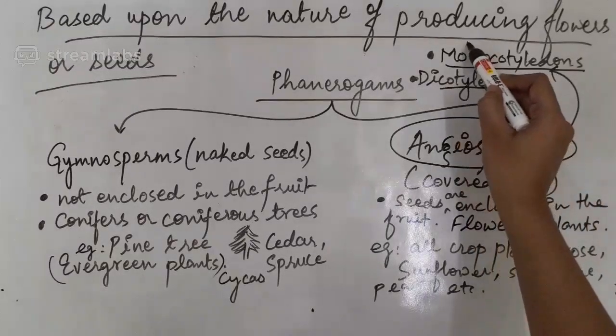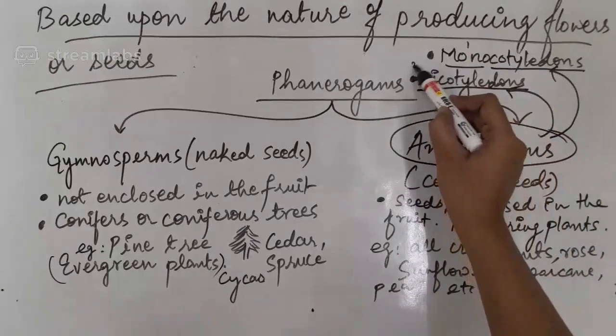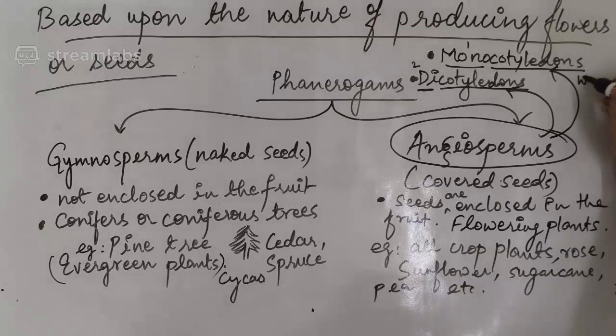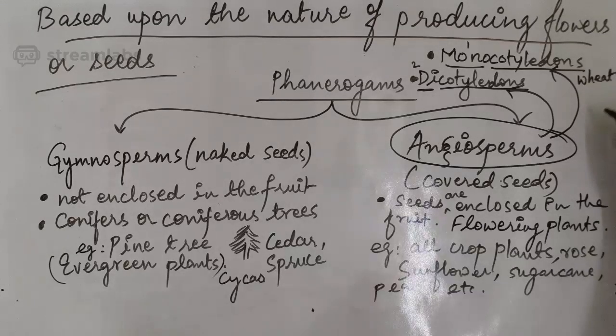Okay, cotyledons are the seed leaves. Mono means one, di means two. One cotyledon, these plants bear seeds with only one cotyledon, like example wheat, okay, maize, rice, etc. Dicotyledons का मतलब जिसमें दो seed leaves हों.